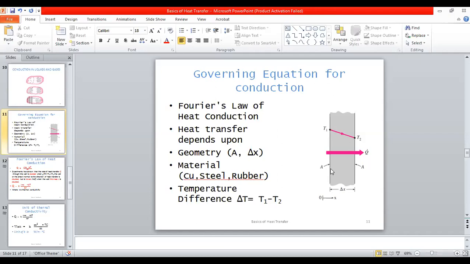Suppose this is the width of the wall, and the surface of the wall is perpendicular to this direction, means perpendicular to your screen.